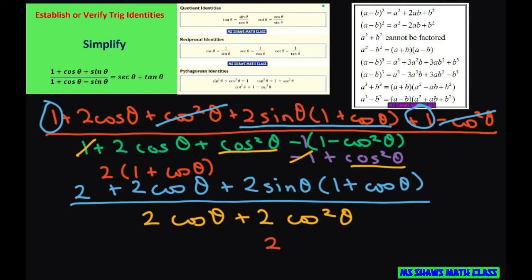If I factor out a 2 cosine in the denominator, I'm going to get 1 plus cosine theta. So what we'll have is 2 times 1 plus cosine of theta. Let me do that first, write that down, and then we're almost done.